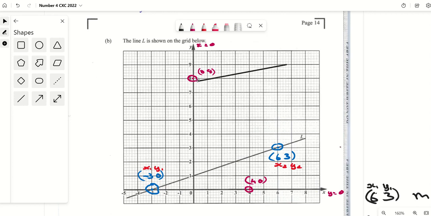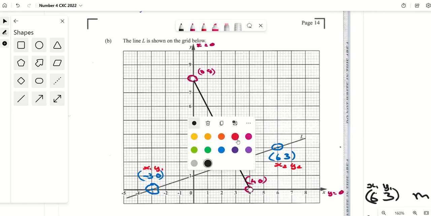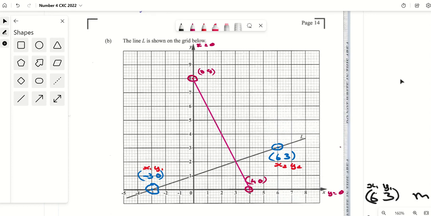So this would be the line Q. Let's label it.